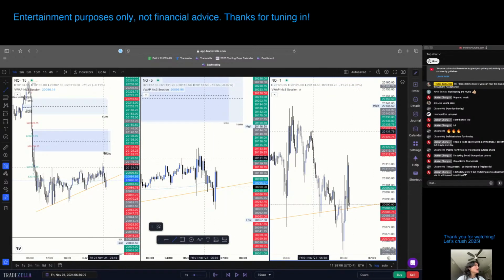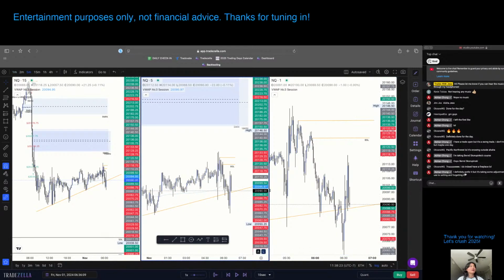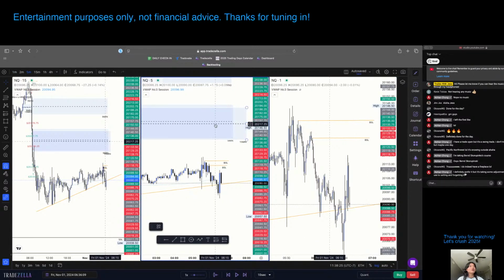Is that equal high? No, they look like equal highs though. Buy side, I'm going to do one more. We have these little guys in here that could be used as targets, right? But if we're focusing on imbalances, we want to see it come up to 20 grand, 200.